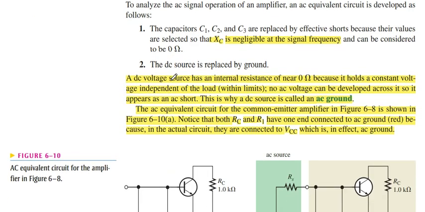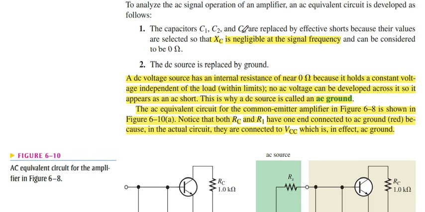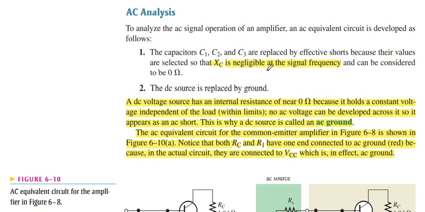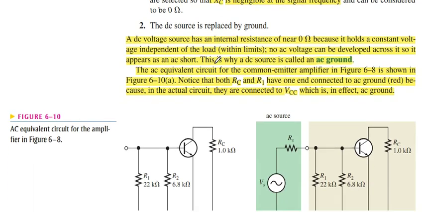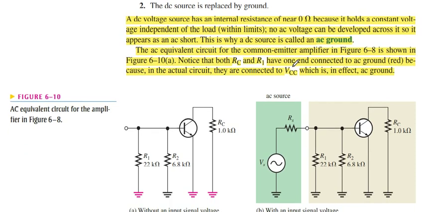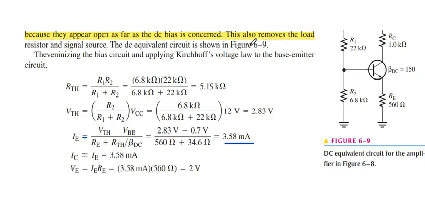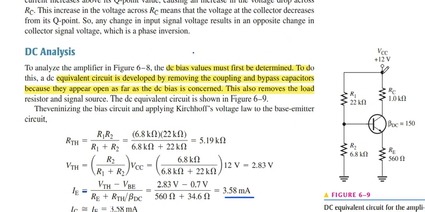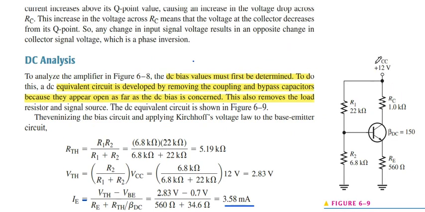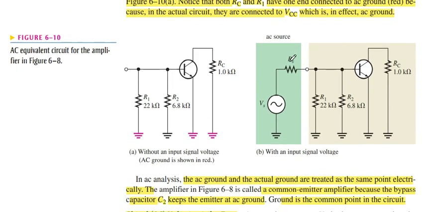Now we discuss the analysis of AC. There C1, C2 and C3 are used for blocking DC, but have no effect on the AC signal or AC frequency. We drop all these AC connections to the base.